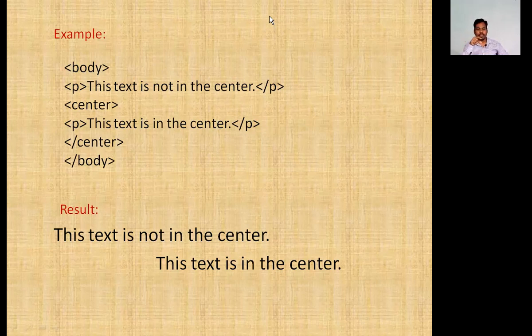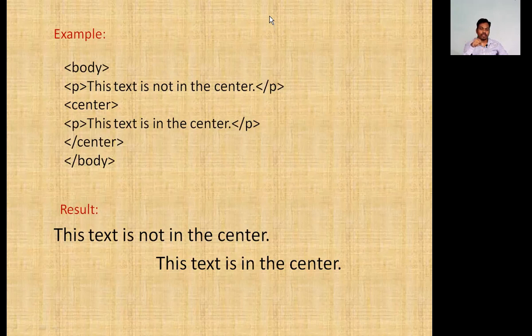So inside the body section, paragraph open. This text is not in the center. Paragraph close. Now if we open the center tag, inside it we will write any paragraph. After that, in the body section, first we have written a simple paragraph. Now we have started the center tag, and now I will write any paragraph. Okay.